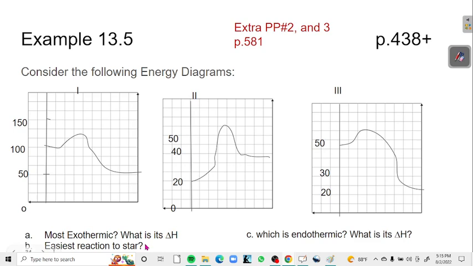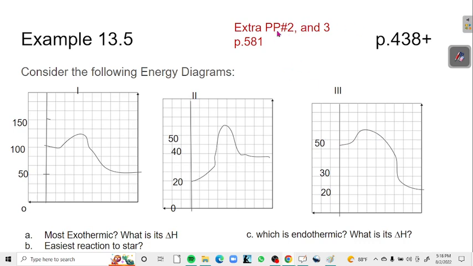It would require more energy. So of the three, which one is the one with the smallest bump? Your book is more clear than my pictures right here. This diagram number 3 is the one that has the smallest bump, representing activation energy, and that means requires less energy to get started.